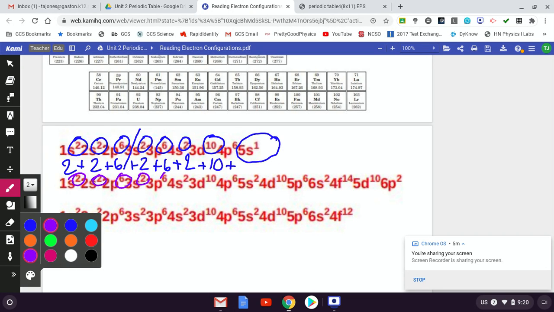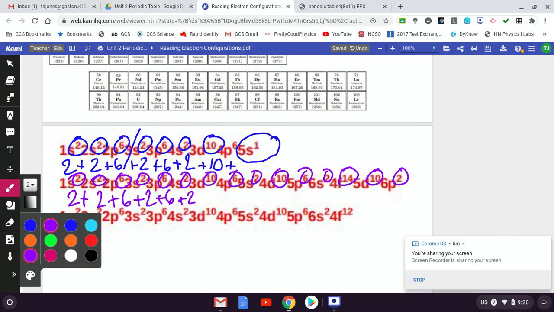2 plus 2 plus 6 plus 2 plus 6 plus 2 plus 10 plus 6 plus 2 plus 10 plus 6 plus 2 plus 14 plus 10 plus 2.